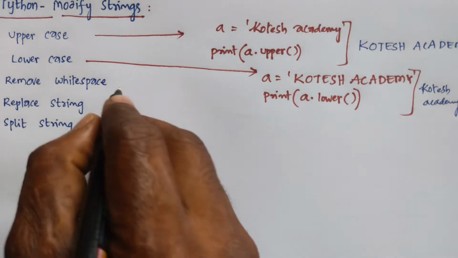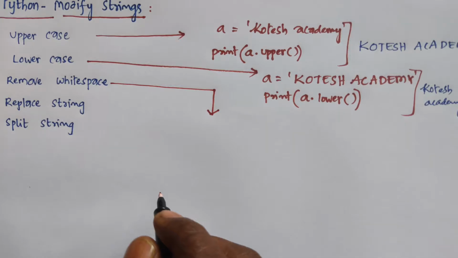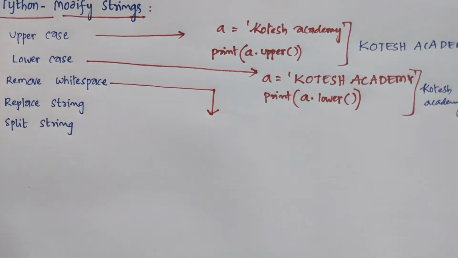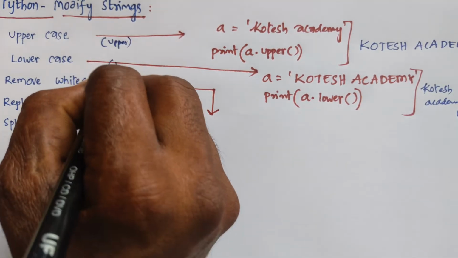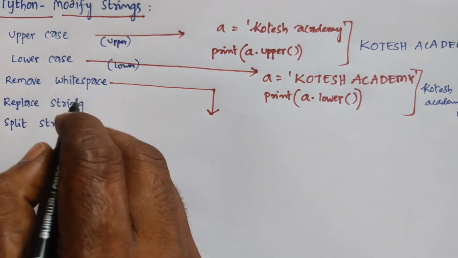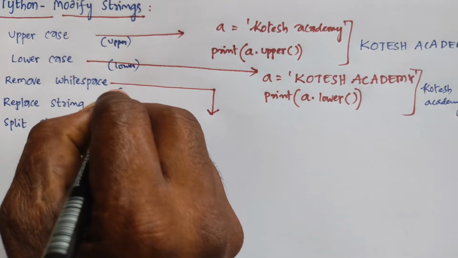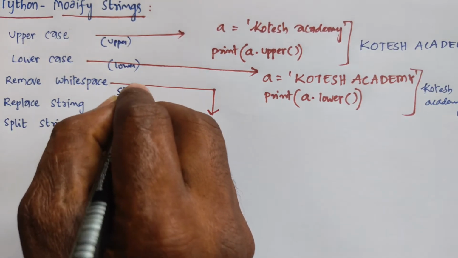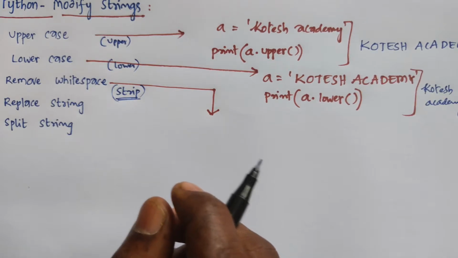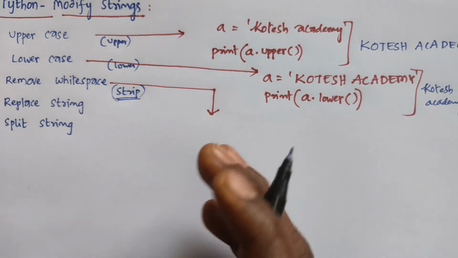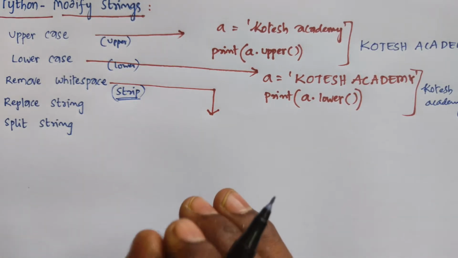And the third one is remove white space. For removing white space, the function we use is strip. White space is the space before or after the actual text, and very often you want to remove this space.